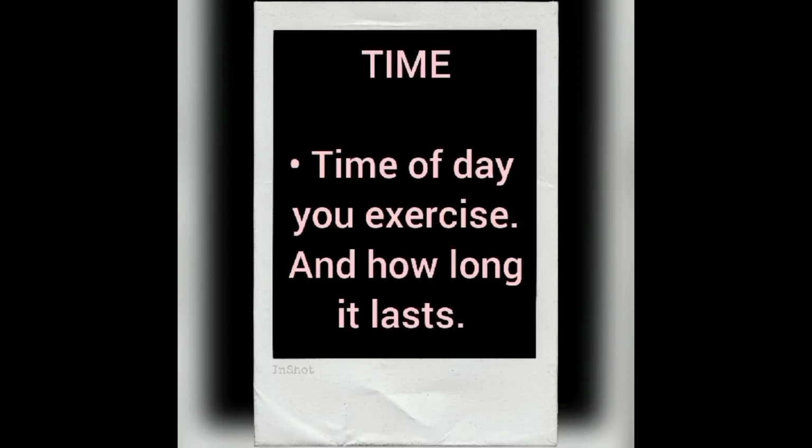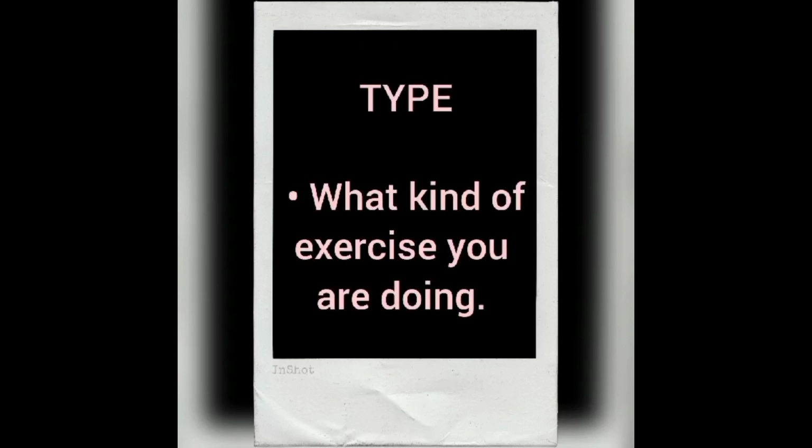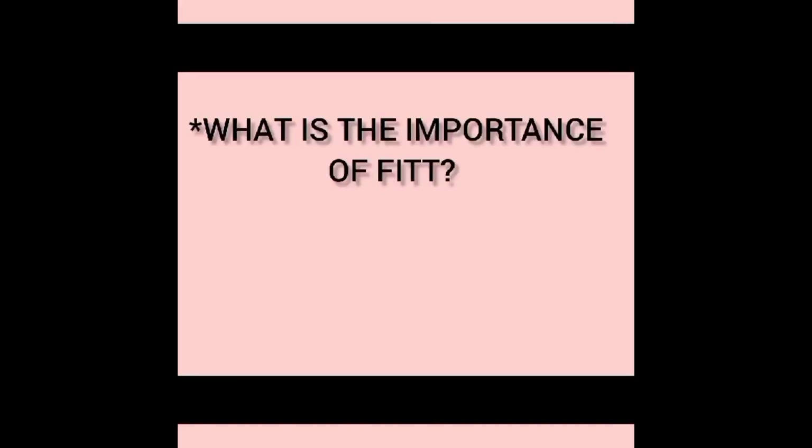Time refers to the time of day you exercise and how long each session lasts, while type refers to what kind of exercise you are doing. For example, you might do cardiovascular activity, also known simply as cardio, strength training, or a combination of the two.